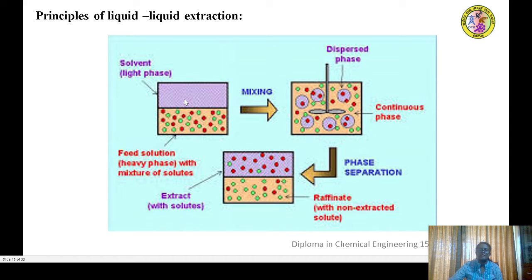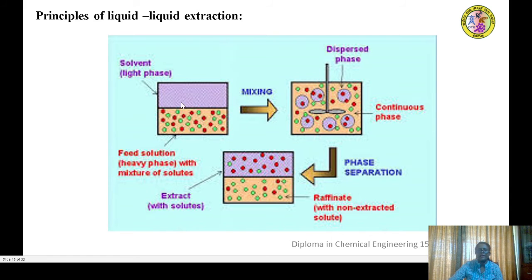Okay, so this is the solvent, and the one at the bottom is the feed solution. So this is a heavier phase and this is a lighter phase. The feed solution, as you can see, is not a single component solution. It has three components. One is an orange color component, one is a red color component, one is a green color component. That means there are three components in the given liquid solution.